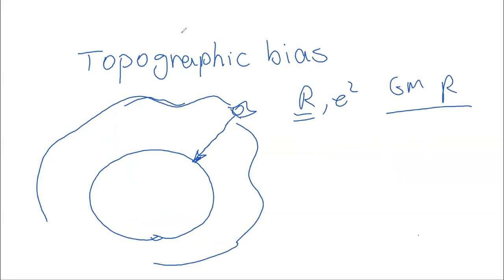This means that this R is actually the semi-major axis of the reference ellipsoid. It means that they all continue down to the surface of this sphere.